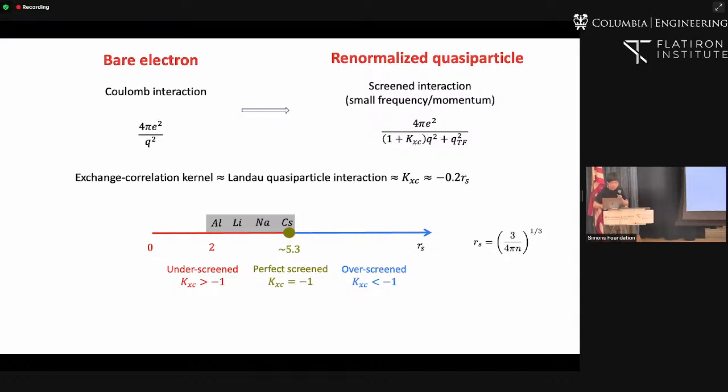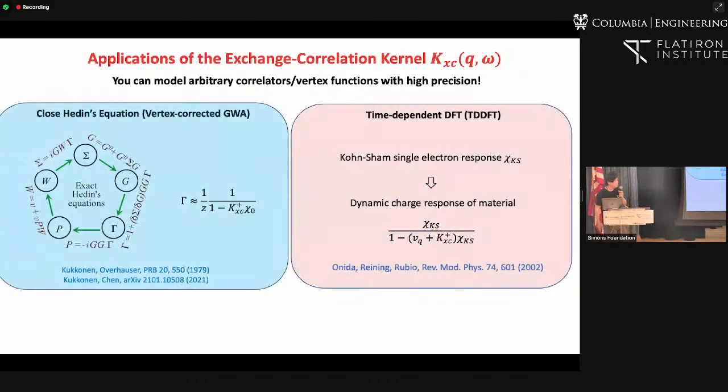And of course, this K can be defined for finite momentum and finite frequency, and then this momentum and frequency dependent exchange correlation kernel plays a very important role in the ab initio methods of material science.